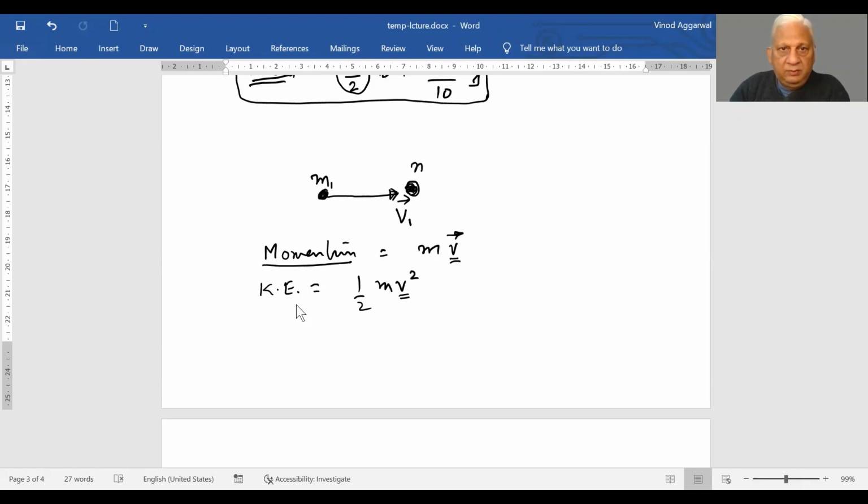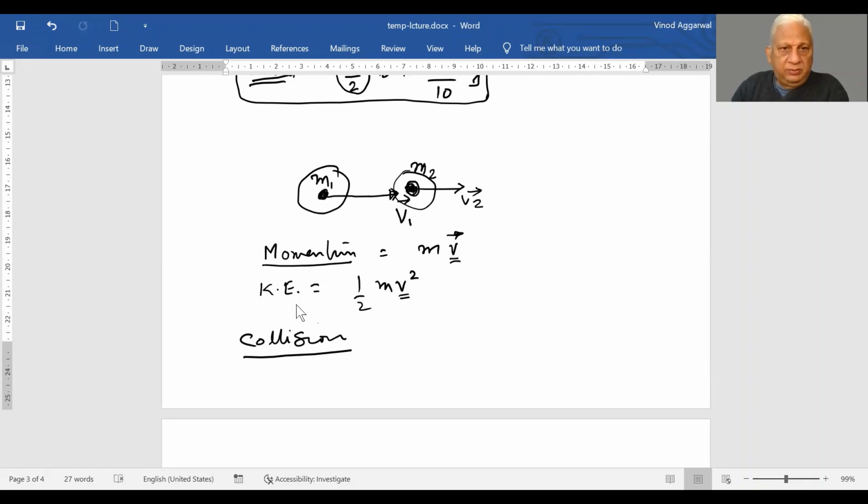It hits another particle whose mass is m2, and which was also moving with another velocity v2. All right. Then what happens is that this particle is going to collide with this. Okay. So what we have is collision.